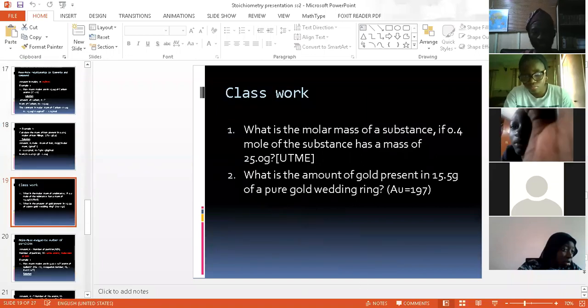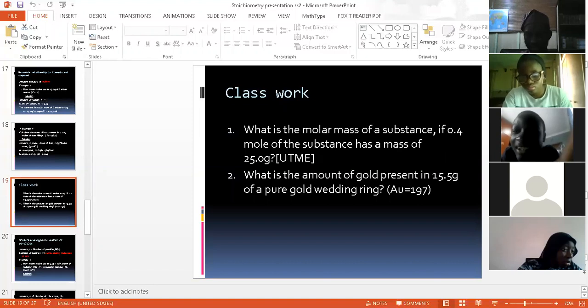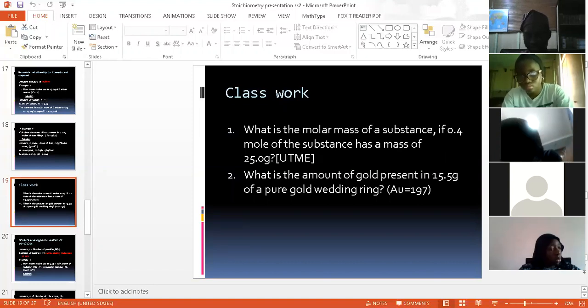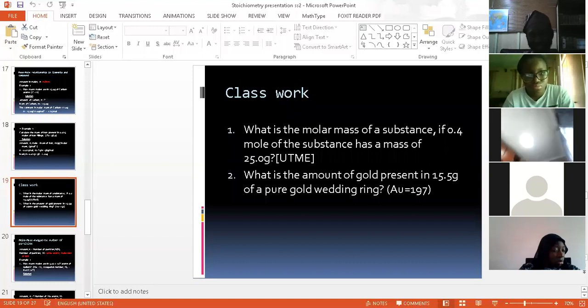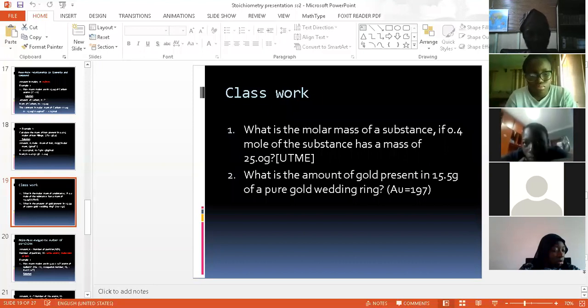Now we are given this to solve. I want to solve this question. The first one says, what is the molar mass of a substance if 0.4 mole of the substance has a mass of 25 grams?